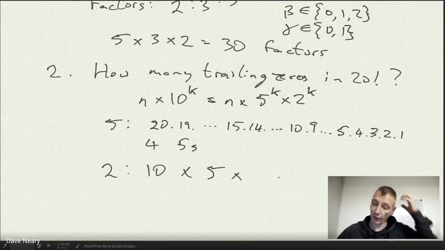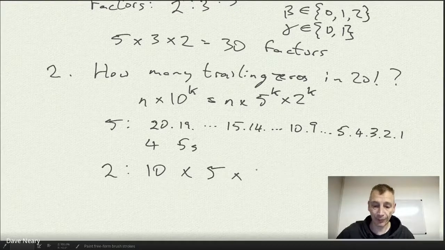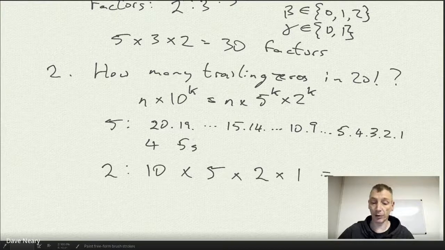But then we also have the multiples of 8, right? We've got 8 and 16. So that's another 2. And then we've got 16, which is 2 to the power of 4. So that gives us another 1. So in total, we're going to have 10 plus 5 plus 2 plus 1 factors of 2 in our prime factorization, which gives us 18.